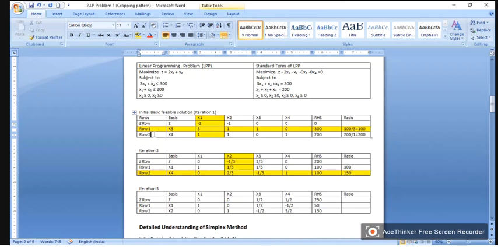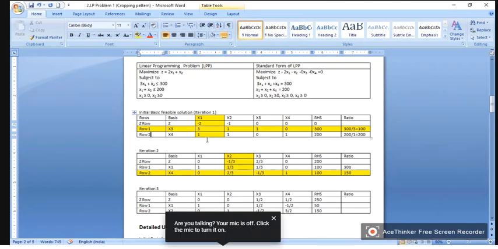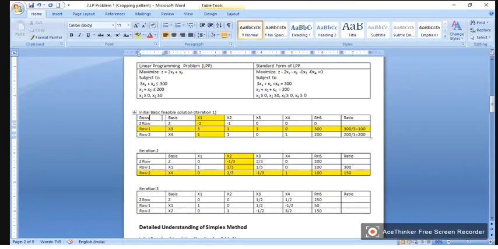Now understand how we are filling the spaces in the table. In the first row, we fill like this. This is heading, this is heading.